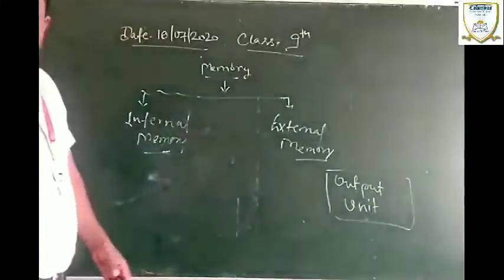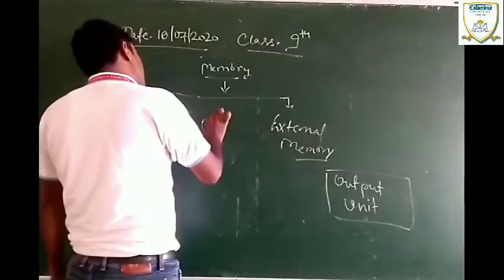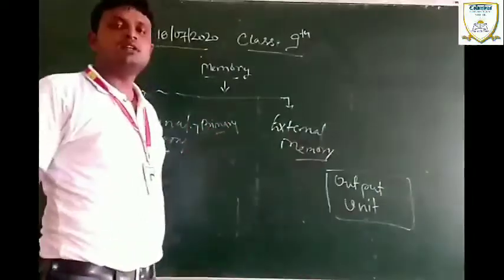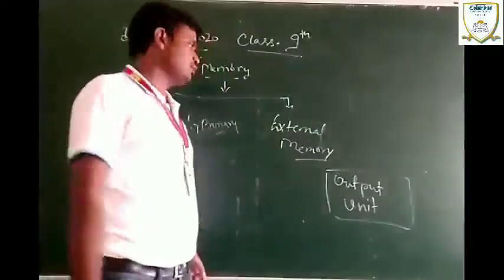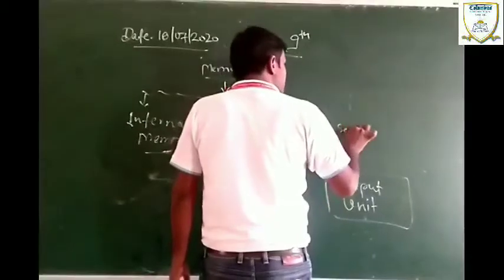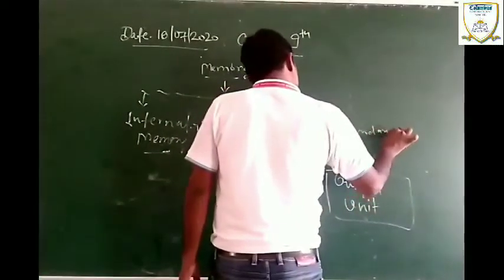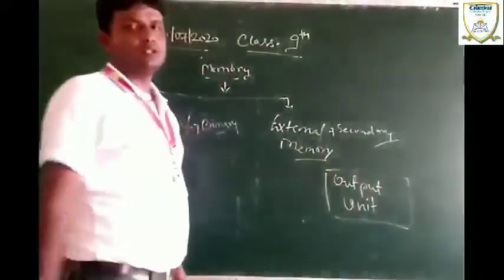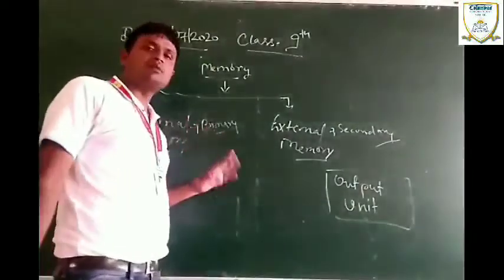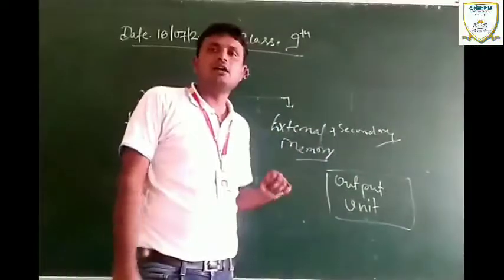Internal memory is the primary memory of the computer, and external memory is the secondary memory of the computer. You remember this thing. Internal memory is the primary memory of the computer, and external memory is the secondary memory of the computer.